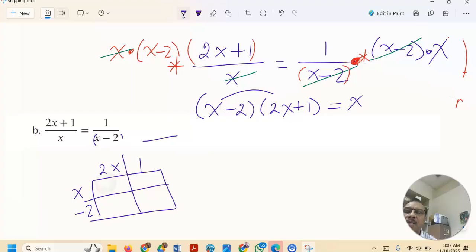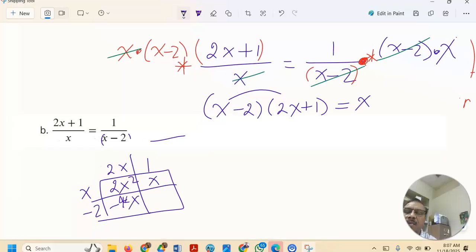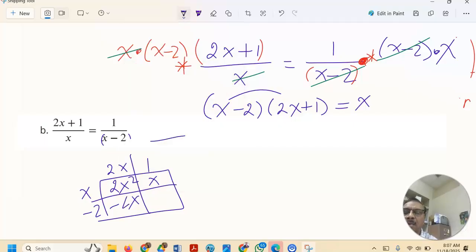If you use the box method, you can see how it works. You guys have done this, but you forgot. So that's 4x, and this is minus 2.